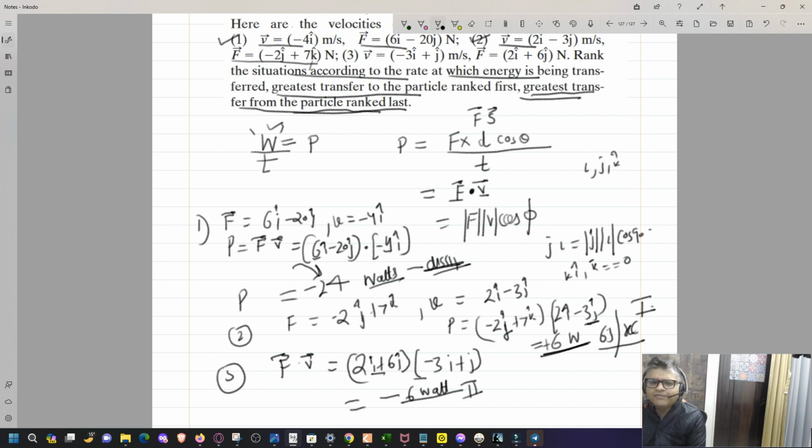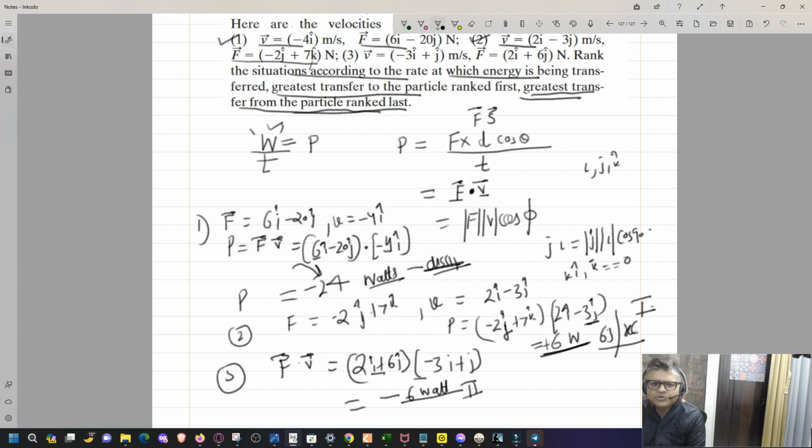Keep in mind when you do power questions, they are seemingly very innocent because you're doing only dot product, but please also be very careful whether the power is being delivered to the body or taken away from the body. And the sign changes. When the power is being taken away from the body, the power calculated is negative, which means the body is probably losing its energy at a certain rate.